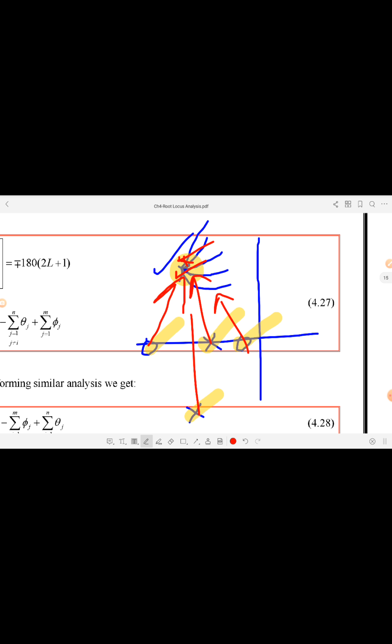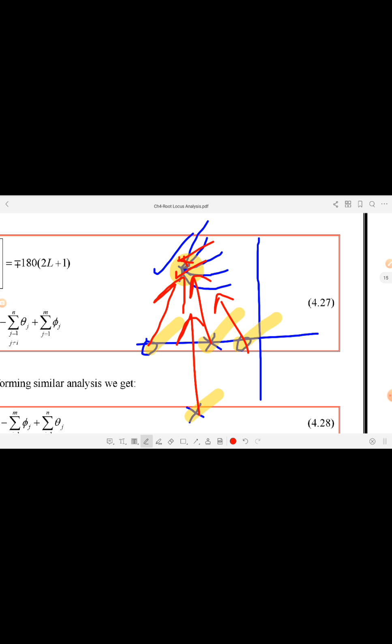So the angle of the test point and the angle of the corresponding pole will be the same. This is one important fact that should be understood at this stage.